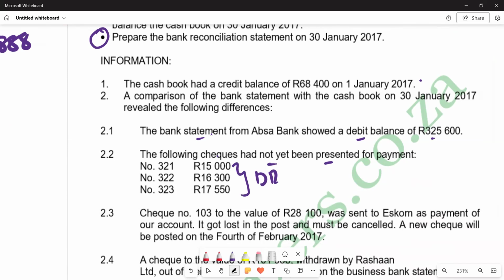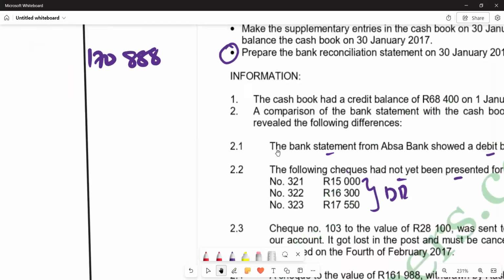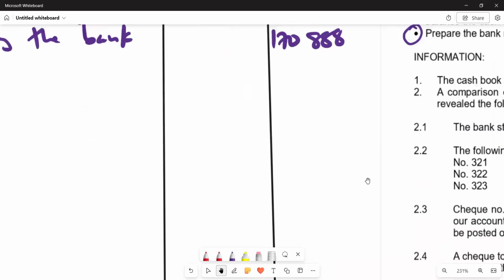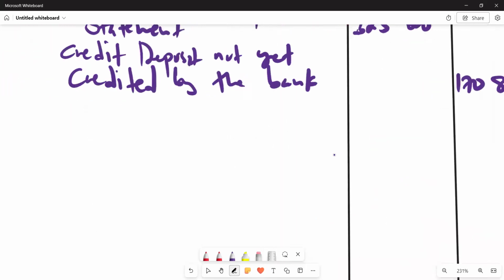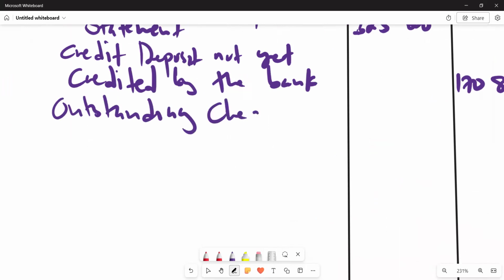We've got check number 321, check number 322, and number 323. So they are just outstanding checks. So we come here and indicate them as outstanding. Outstanding checks. So here we've got number 321, an amount of 15,000.